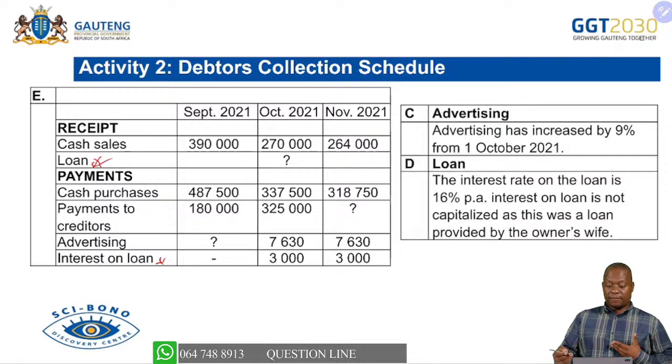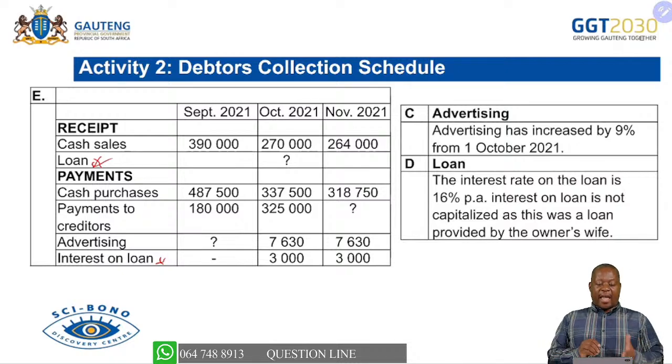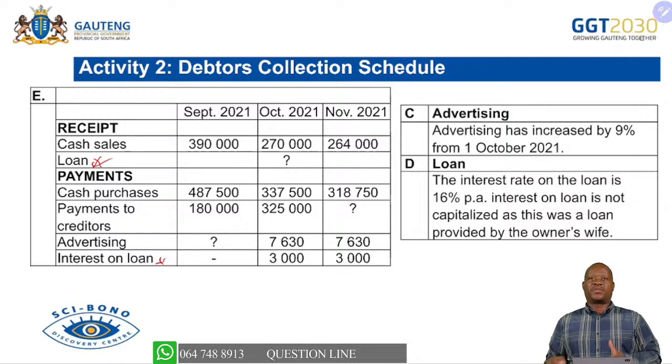Like, see, advertising has increased by 9%. So it therefore means we are only seeing October and November. And we know in October it was after the increase of 9%, because the increase only got into effect on 1 October. How much was it before the increase? I think you know. We are going to get that.